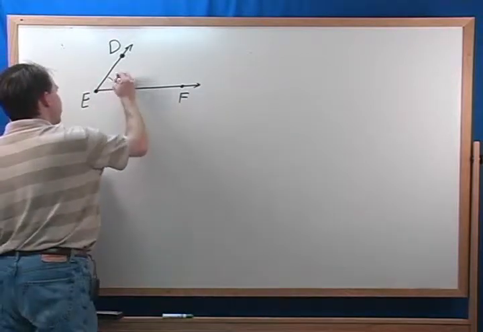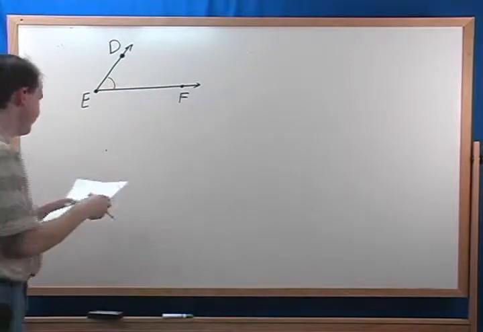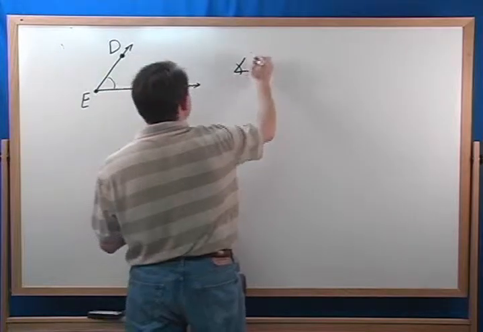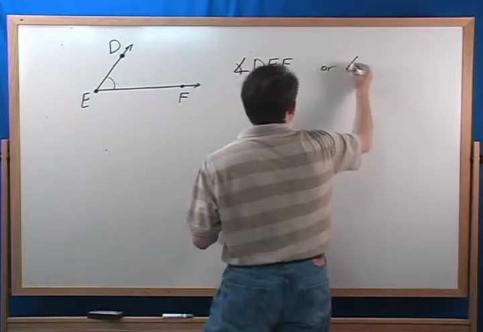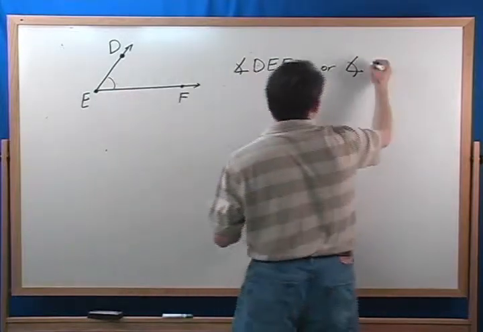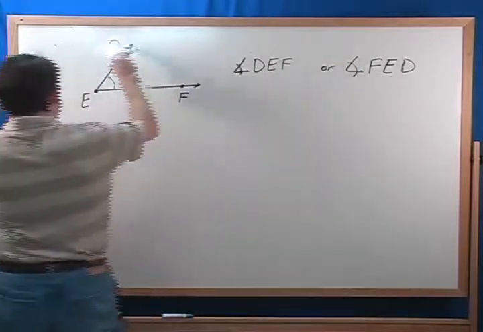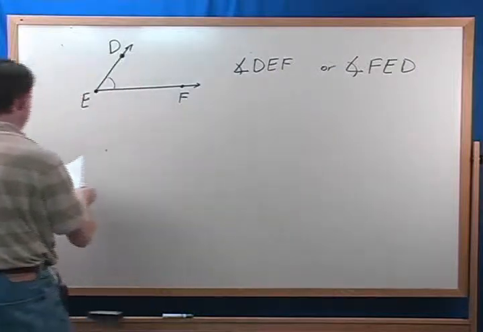This angle, by the way, is right here in the middle. That's what this little symbol means. So you would write that down on your paper as angle DEF or angle FED. So you just go around the edges like this. As long as E is in the middle, you're okay.